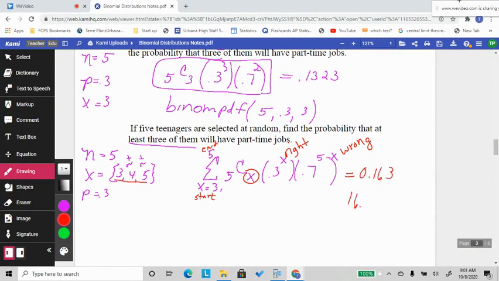So 16.3%. That's my probability if I totally guess on a multiple choice exam of getting 3 or 4 or 5. At least 3 means 3 or 4 or 5, so I'm adding those together. All right, so to do this on the calculator, we did Binom Pdf. I'm just writing it down so you can see it.